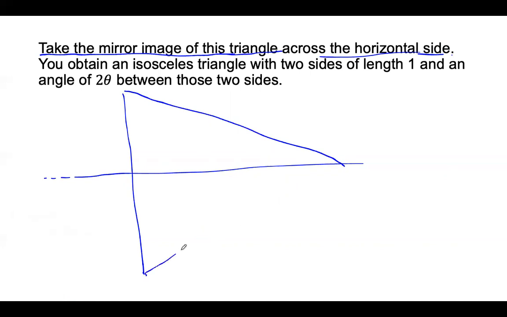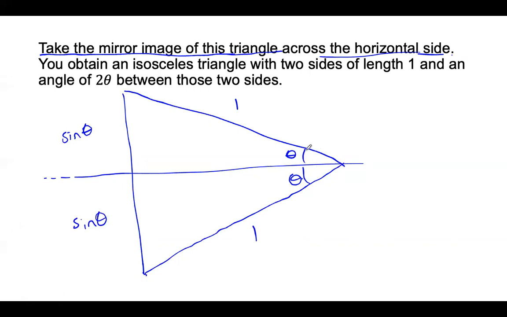So we have theta here and we have theta here. And these are lengths 1 and 1. This is sine theta. This is sine theta.